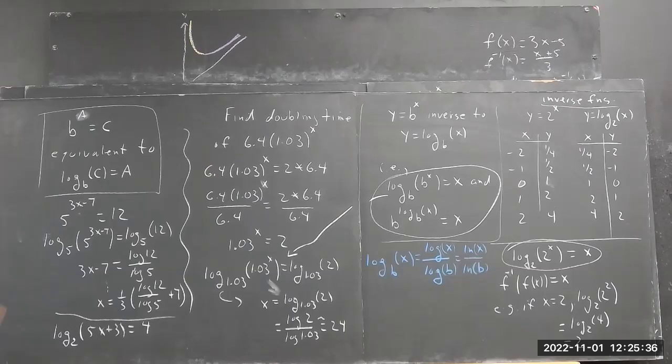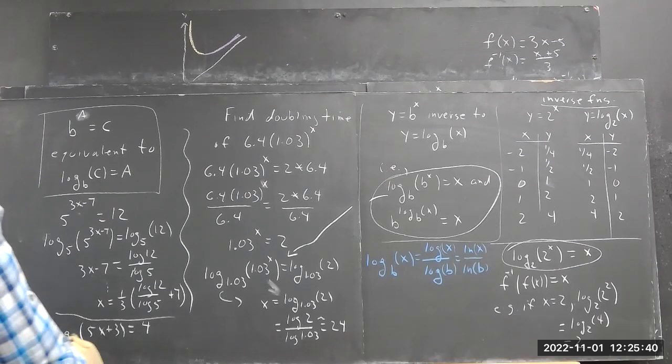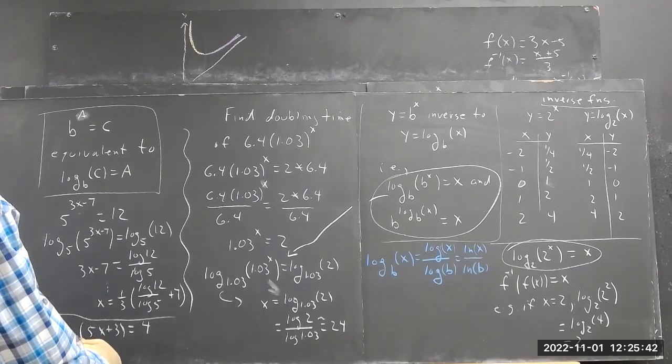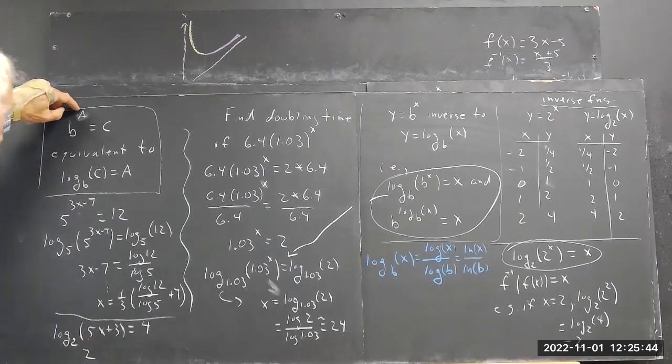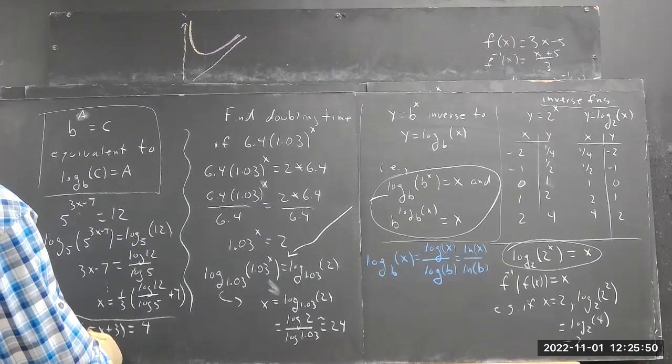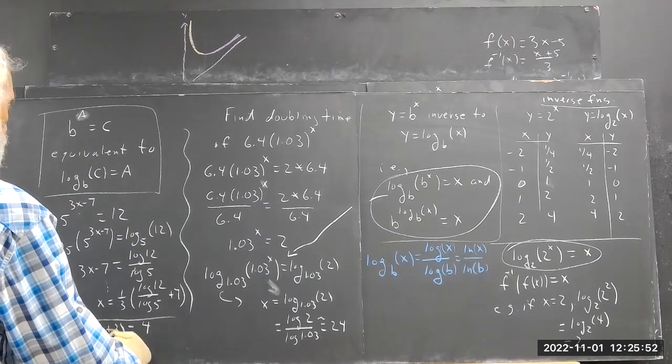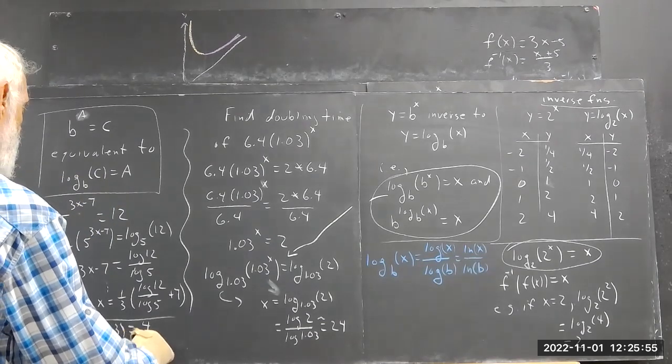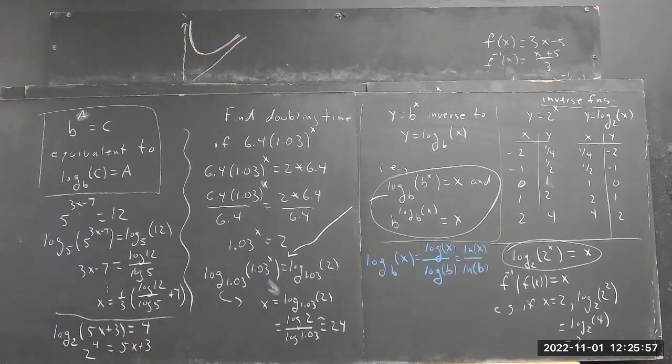So you come up to this form. What's your b? It's 2. So you get 2 to the a. What's a? It's the 4. 2 to the 4th equals 5x plus 3. We take the logarithmic form, we change it to exponential form, and it's easy to solve.